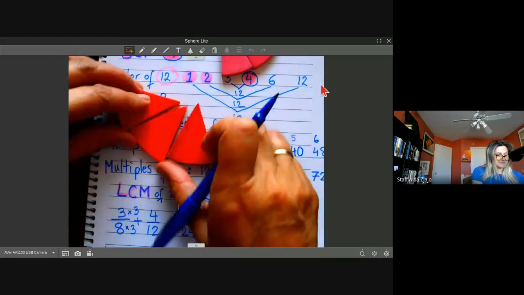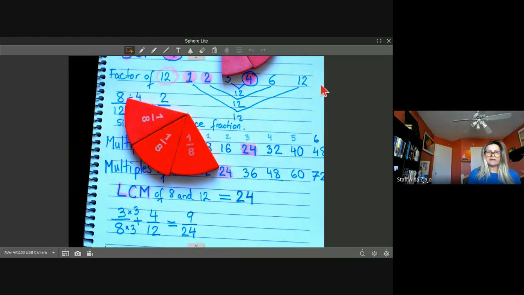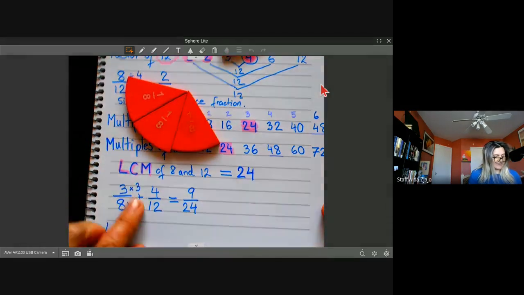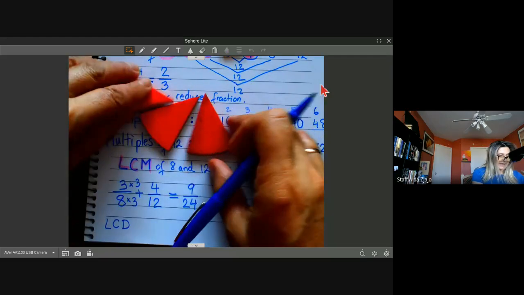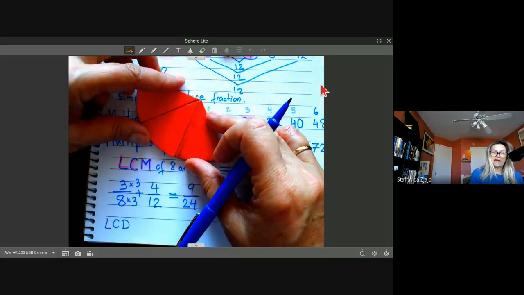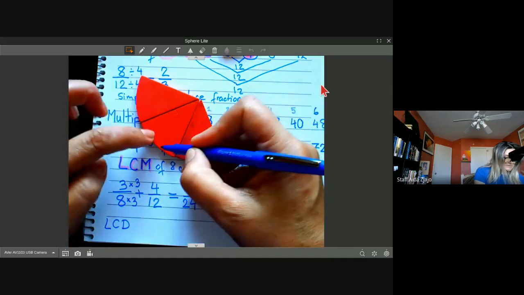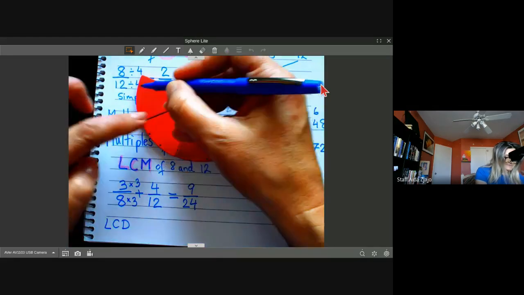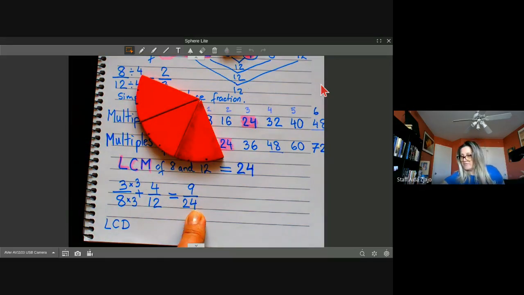Remember, there were 3/8. Because I multiplied by 3, each 8, in reality, I'm going to cut into 3 equal pieces. So they will become 9/24.